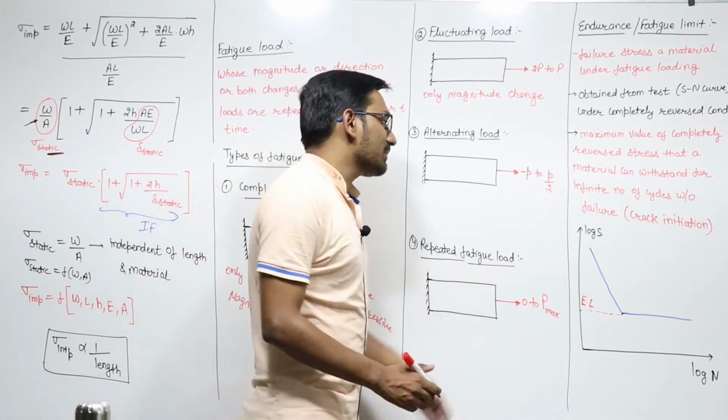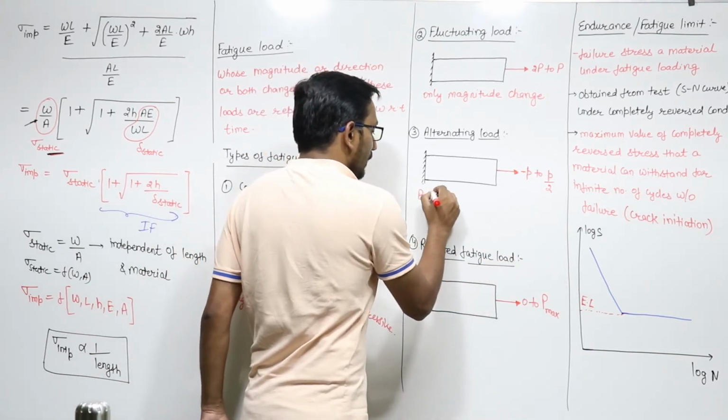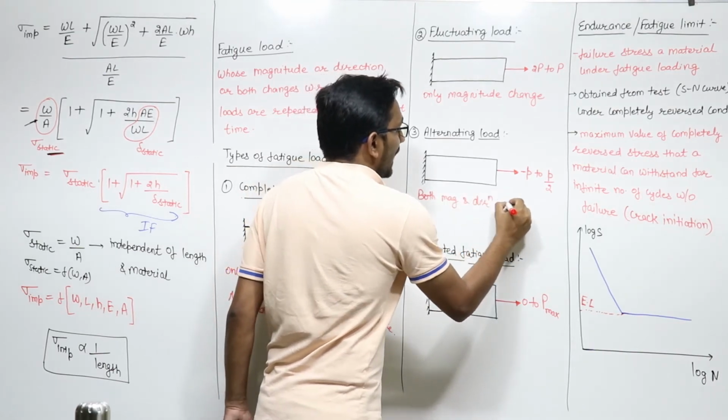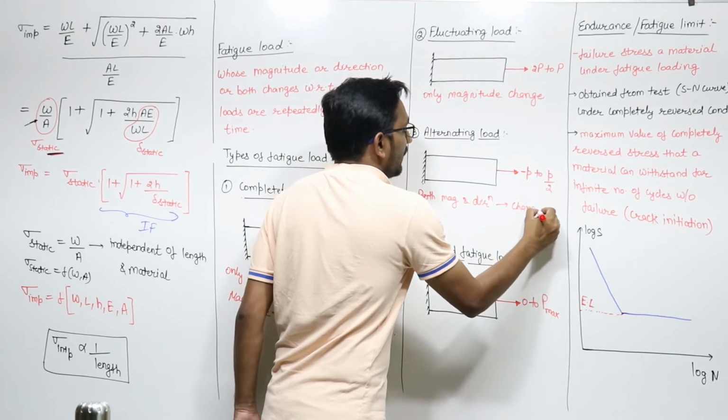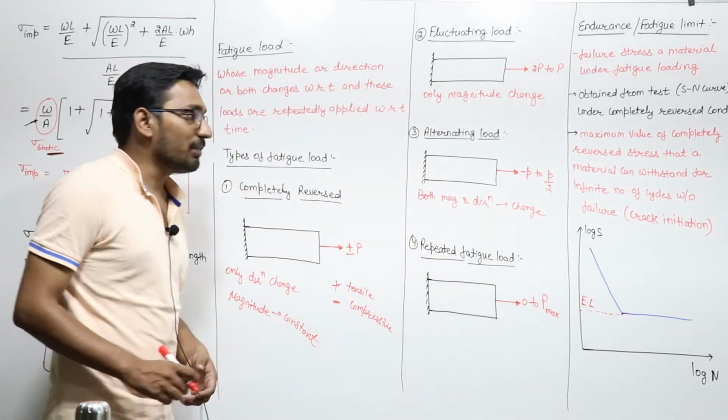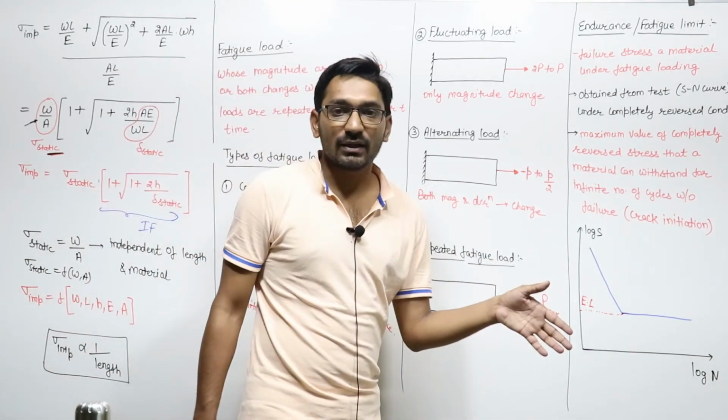In this case, both magnitude and direction change, so that type of load is known as alternating load.